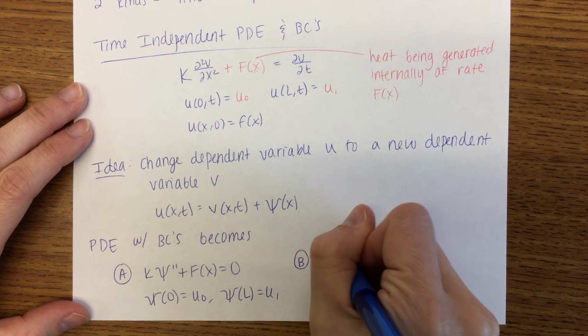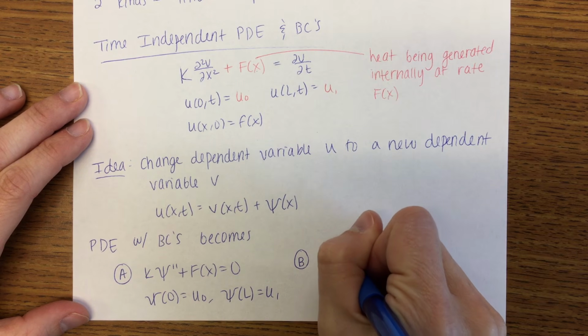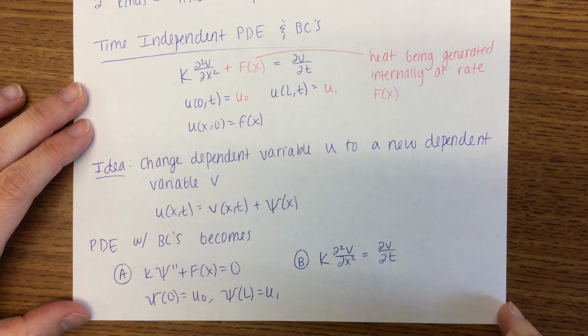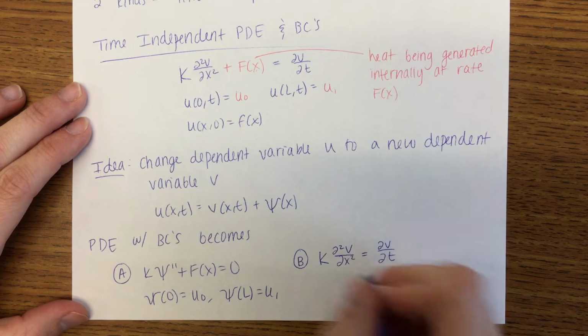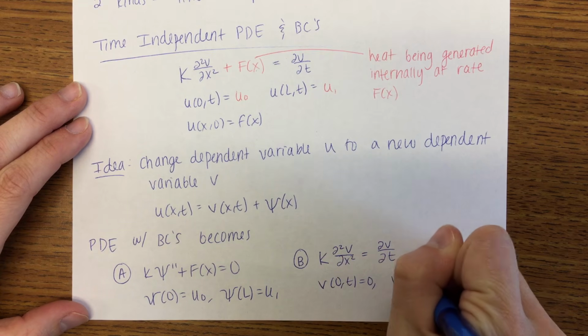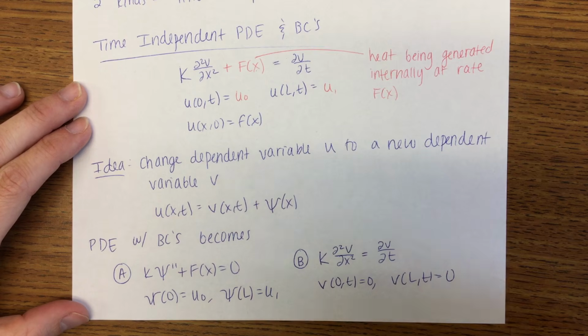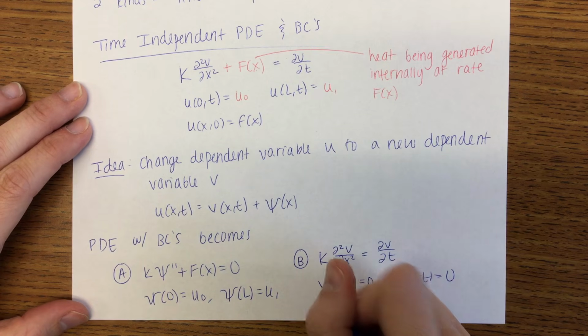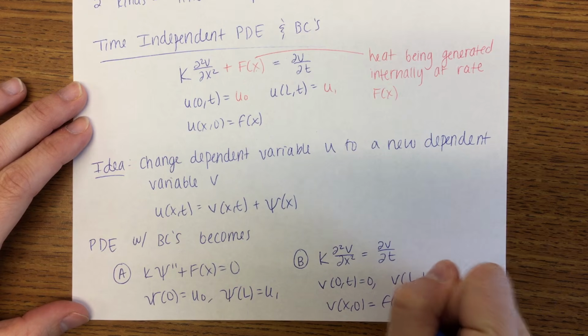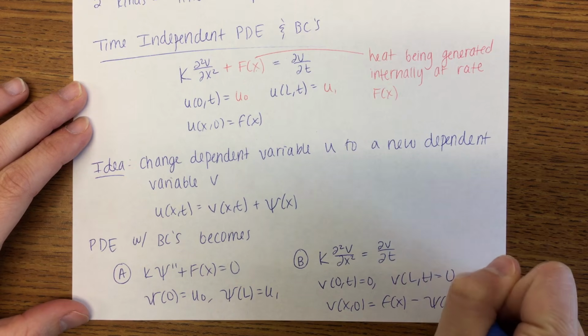It's going to be k, the second partial of v with respect to x, equals the partial of v with respect to t. And then you're going to have v of 0,t equals 0, v of L,t equals 0. And then your v of x,0 will be f of x minus psi of x.